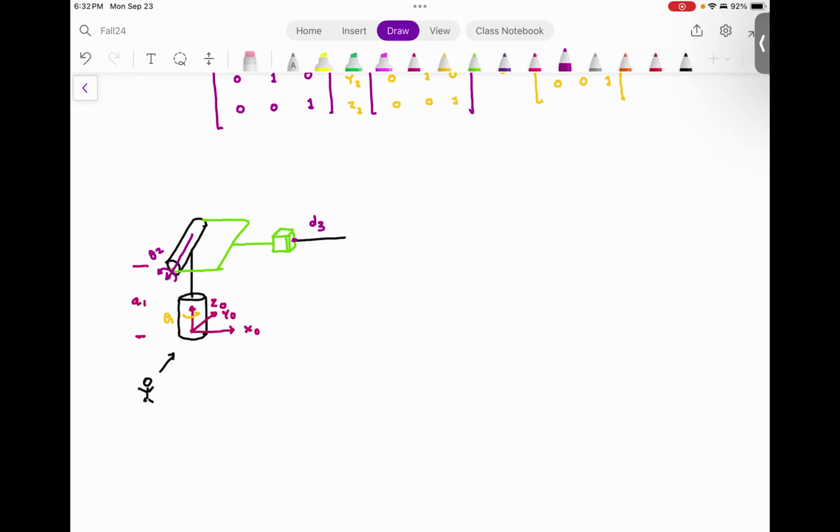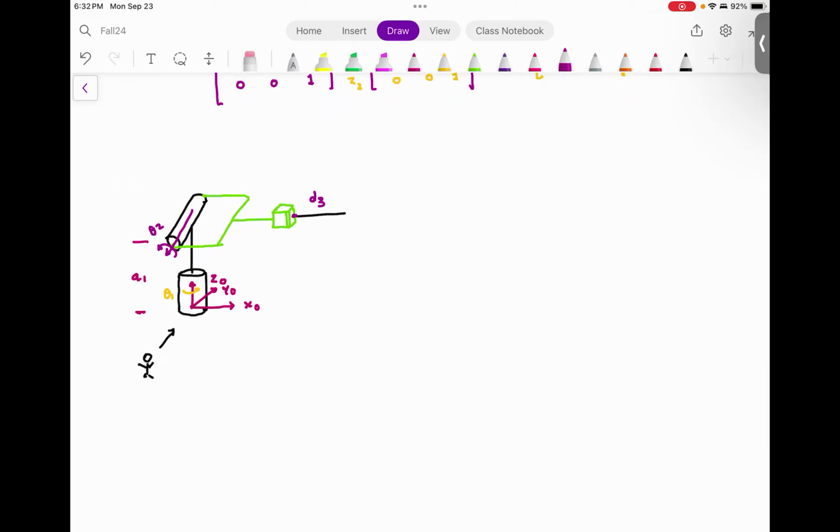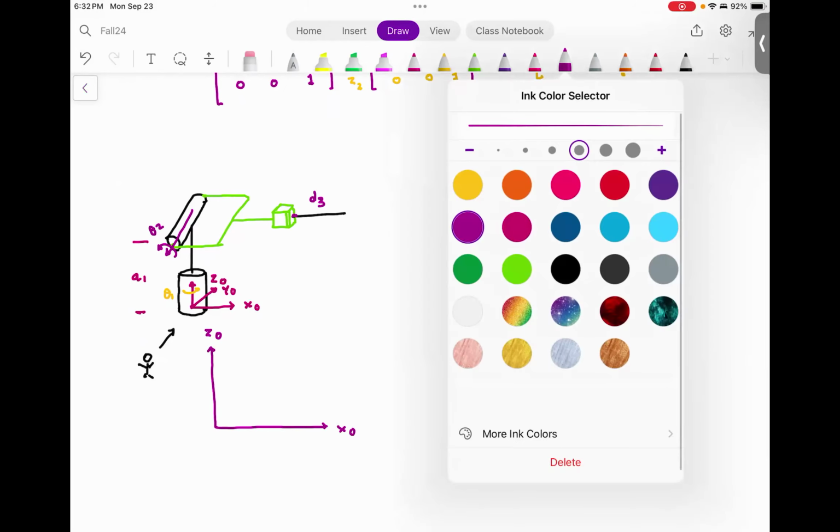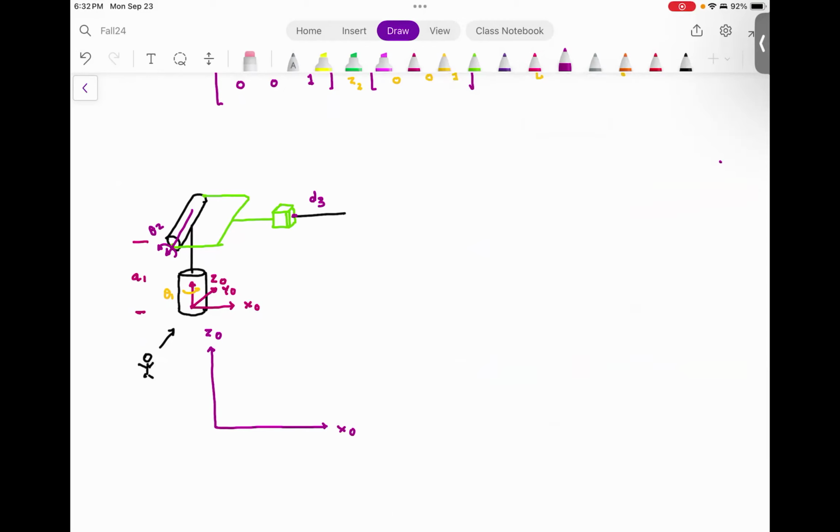I'm not drawing any other coordinate frames. So I want you to think about this. Now, if you look from the front view, this is what you are going to see. You will see these two axes, X0 and Z0. Do you agree with me? In X0, you would see that the first revolute joint will be at 0, 0.